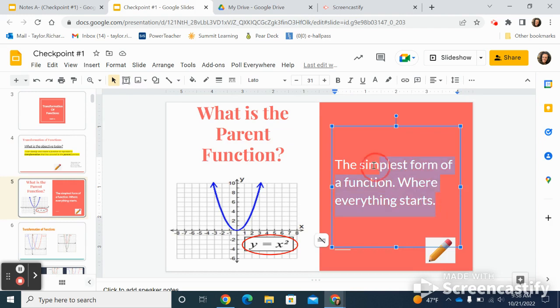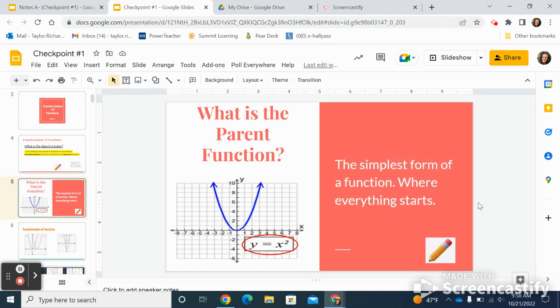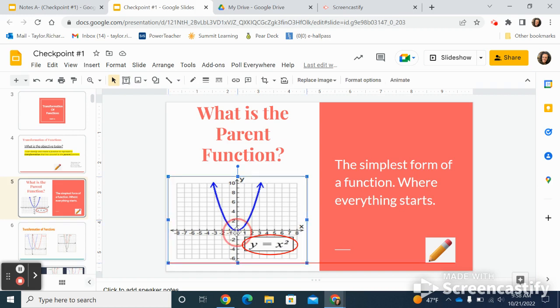Again, I want you to pause this video and go ahead and type this in that box. The parent function is the simplest form of a function, and it's where everything starts. So we're always going to start here and then do our transformation. You can see from this picture, which is also in your notes, our parent function is a parabola, and it always starts at 0, right in the middle of our graph.